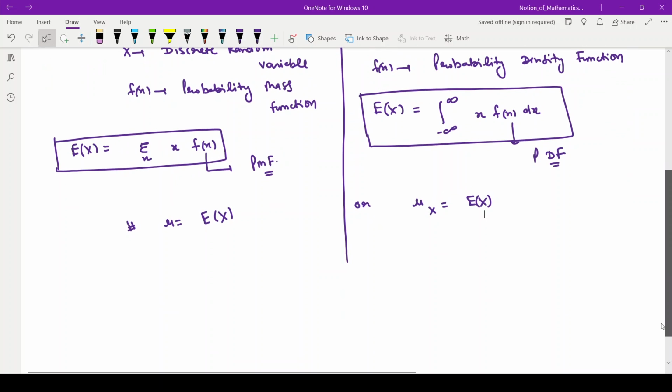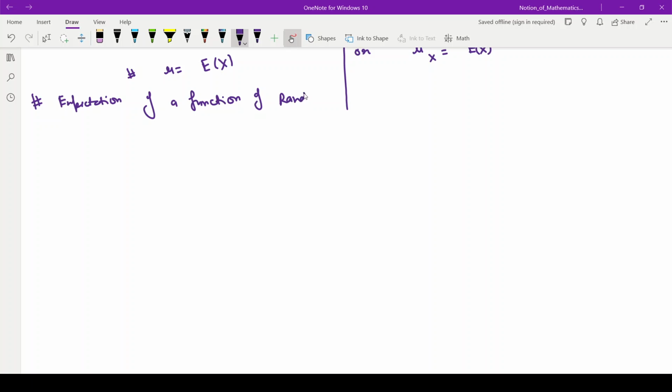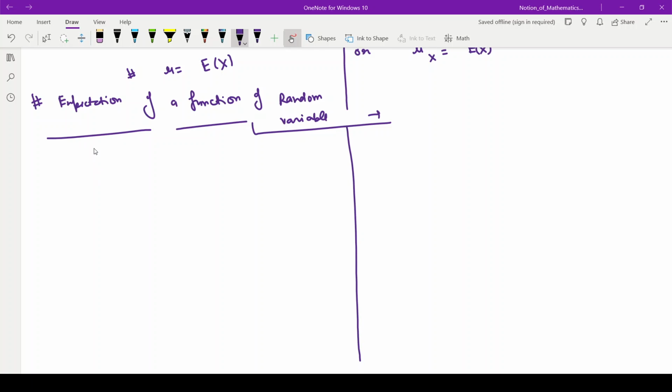Thereafter, a few more aspects of expectation are provided. Now I am going to discuss the next aspect of expectation, that is known as the expectation of a function of a random variable. Again, two aspects are there.